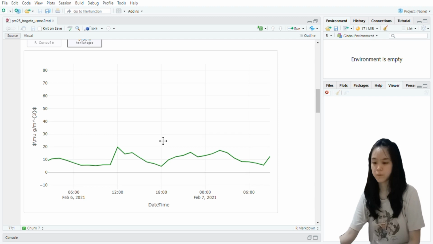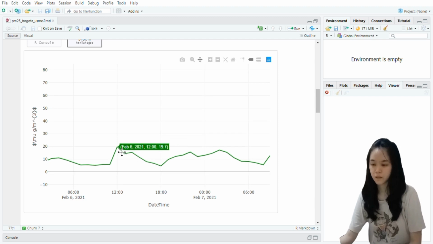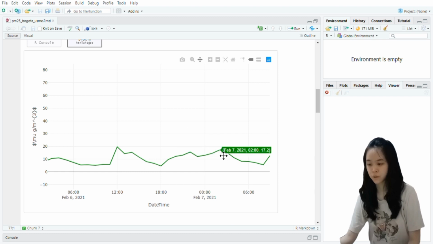Or perhaps like this, February 6th, 12 p.m. and then the next peak is around here, February 7th, 2 a.m. Here, from this peak to the next one takes 14 hours.